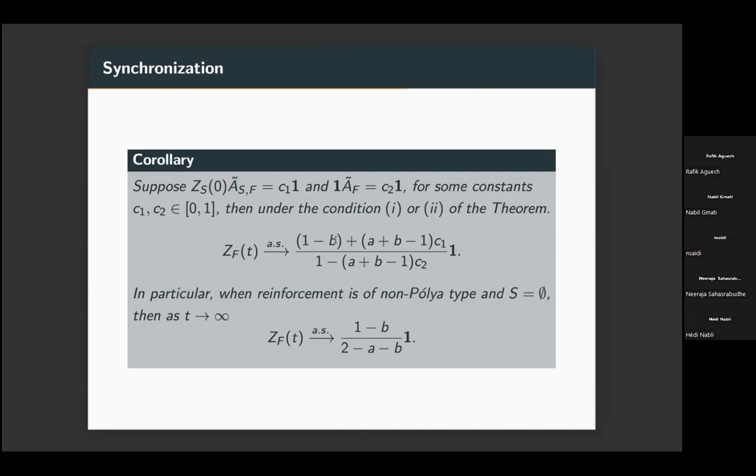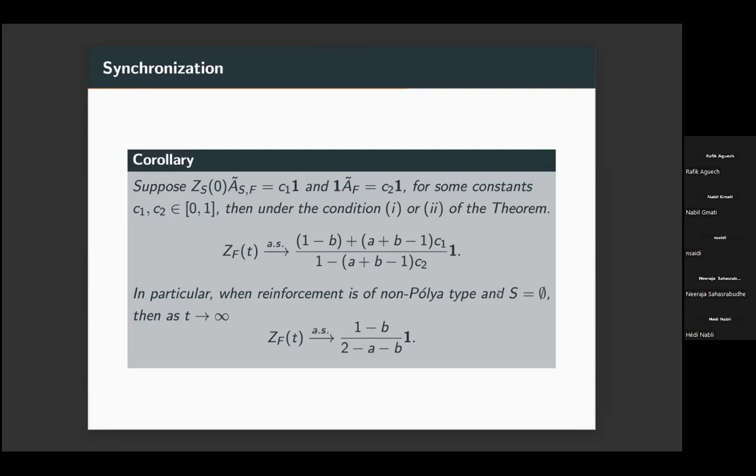Okay, which is given by (1 minus B plus (A plus B minus 1) C1) divided by (1 minus (A plus B minus 1) C2). Okay, where C1 and C2 are some constants, and they come from this condition. If this condition is satisfied, then across all flexible urns, the limiting fraction of white balls is going to be the same. Okay. And then we can add a special condition, which is when the reinforcement is non-Polya type and there are no stubborn vertices.